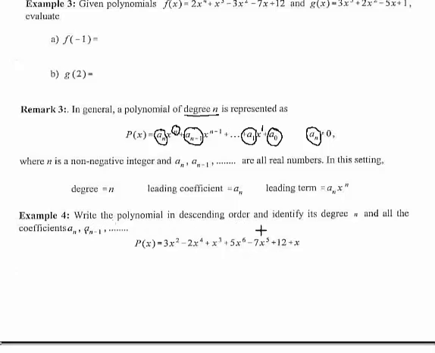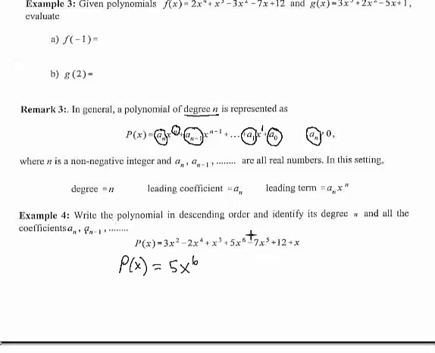Example 4 simply wants us to write out this capital P polynomial in descending order and identify all the coefficients, etc. So P of x in descending order would be written with this term first, 5x to the 6. The 6th power is the highest exponent among all the exponents.